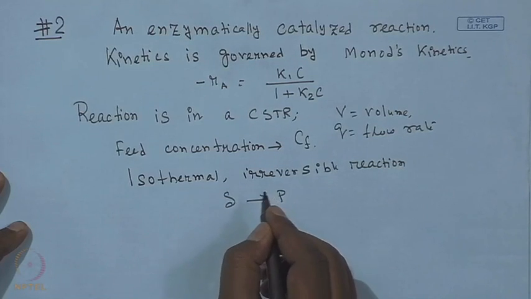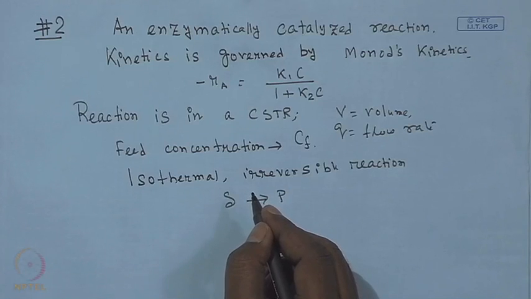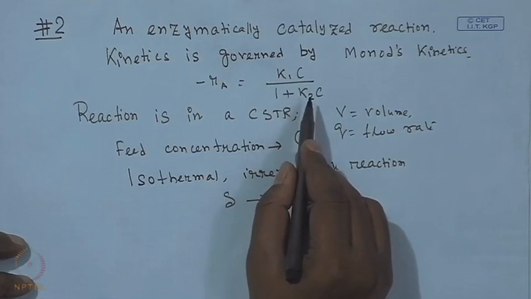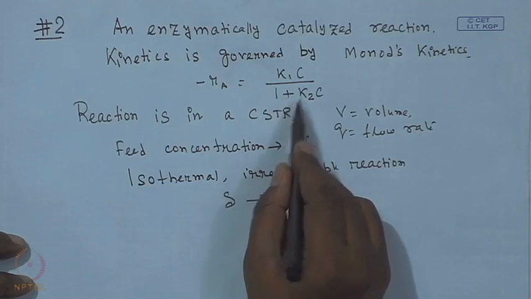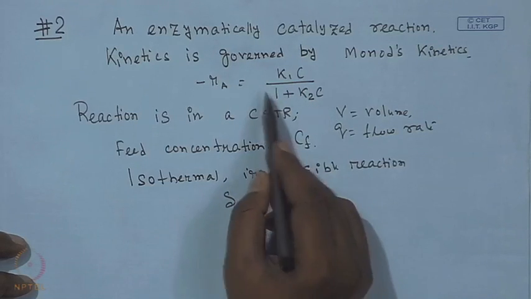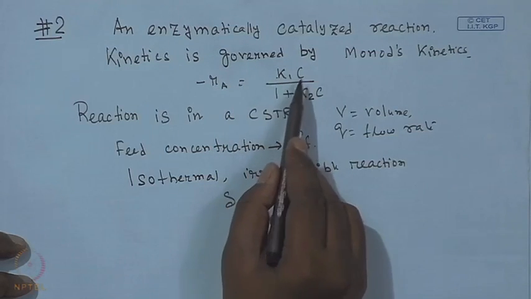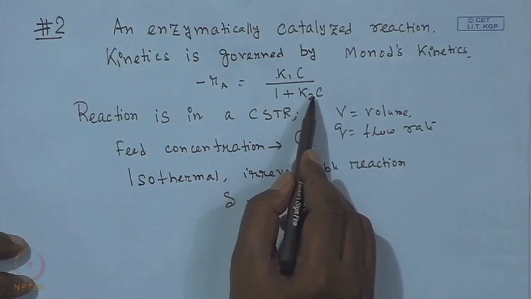Reactant gives the product, and we have solved in the last problem, as this is the governing equation of the Monod's kinetic, but in this problem it will be slightly changed. This will be minus RA is equal to K1 C divided by 1 plus K2 C, whole square.